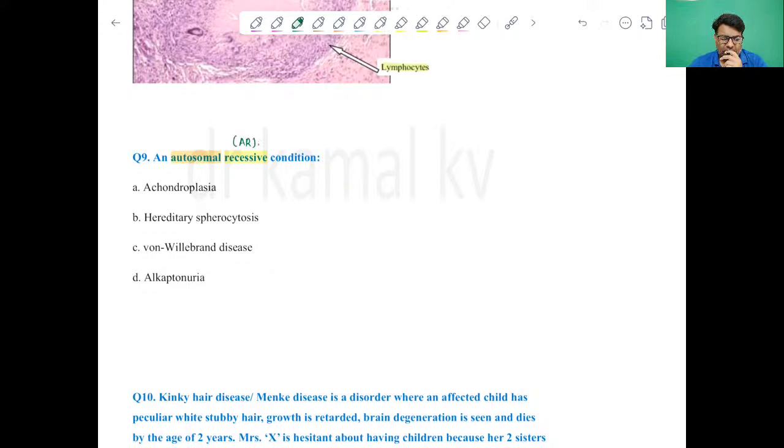Any idea which one is autosomal recessive? Now, if you don't know the inheritance of a condition, always note down this point: autosomal recessive inheritance is mainly shown by enzyme deficiencies.